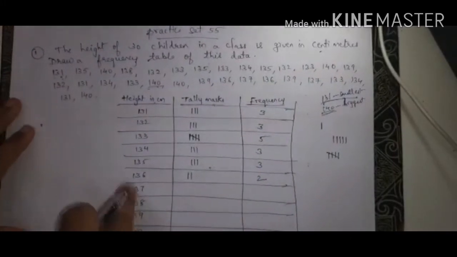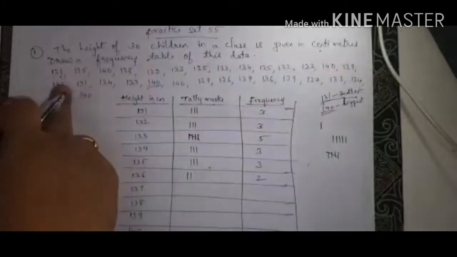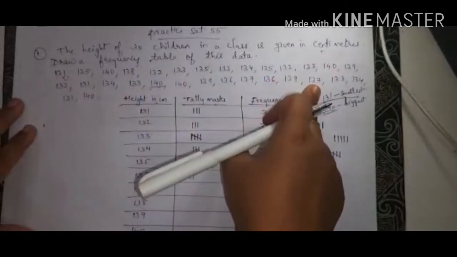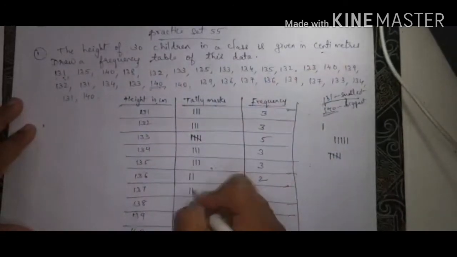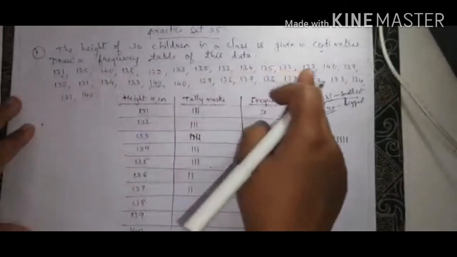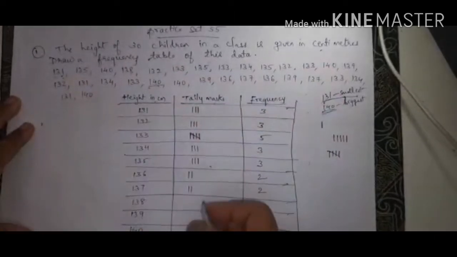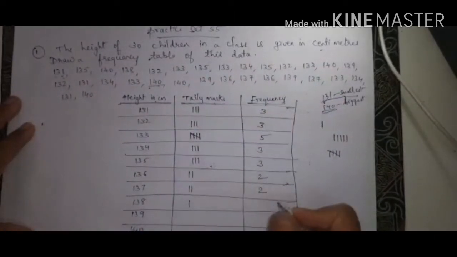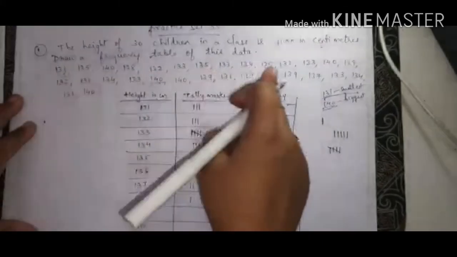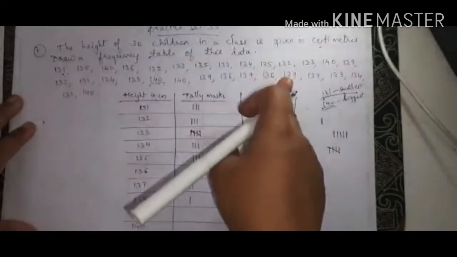137: 1, 2. 137 is 2 times, so 2. 138: 1. It is not there again. 138 is only 1 time, so 1. 139: 1, 2, 3.